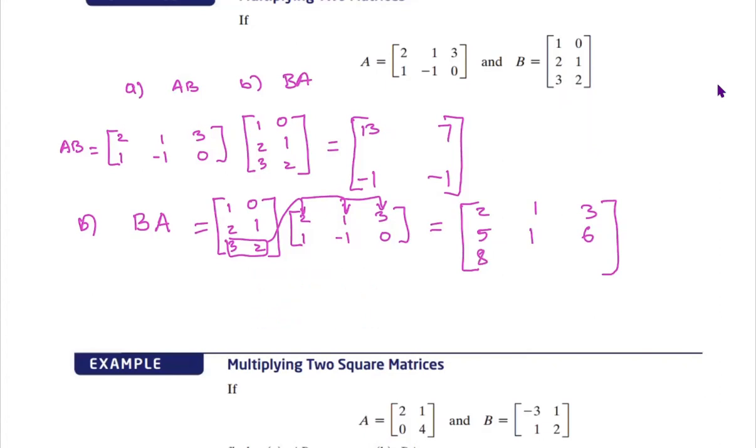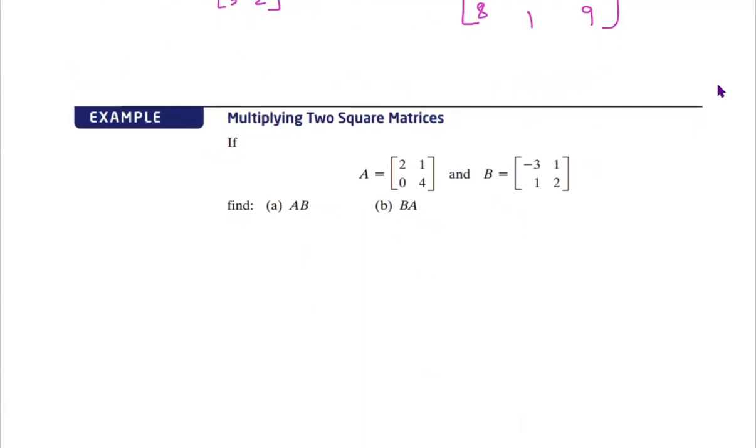That's 3 times 1 minus 2 times 1, so that's 3 minus 2 equals 1. And then lastly, 3 times 3, 9, plus 2 times 0 is 0. So that's 9. And that completes the product of B and A, given the two matrices that we will multiply.